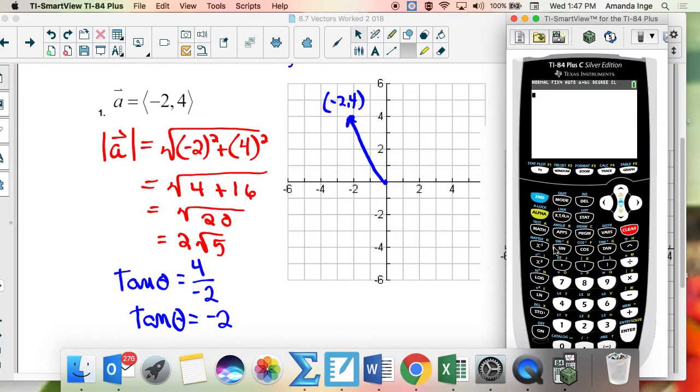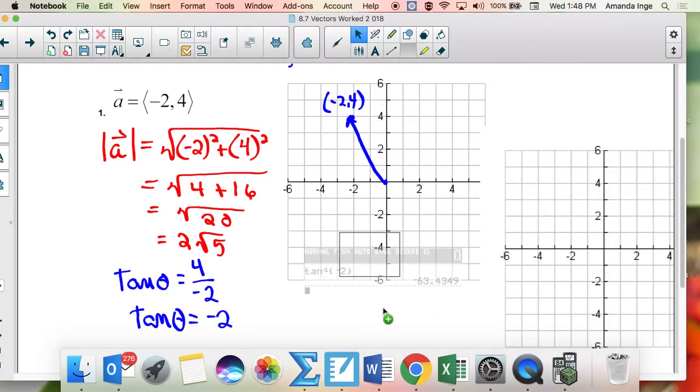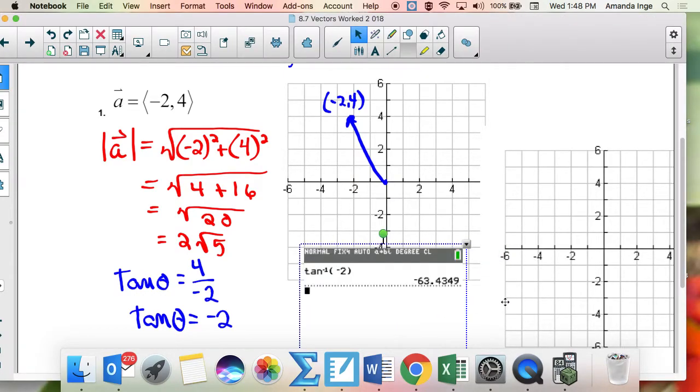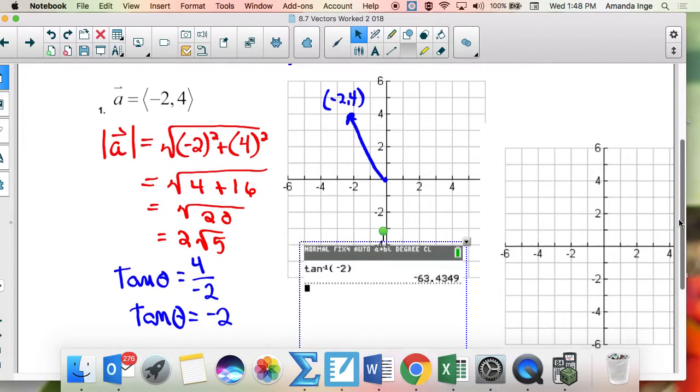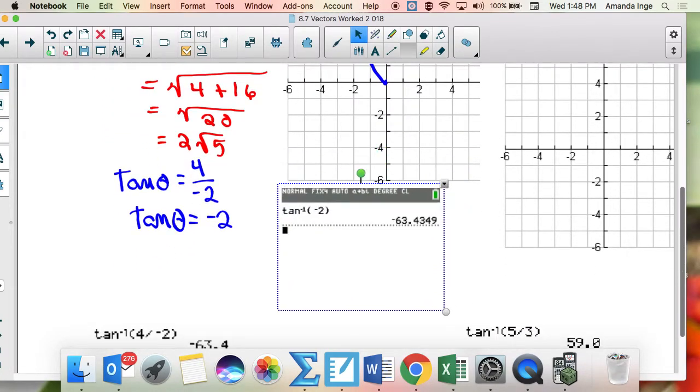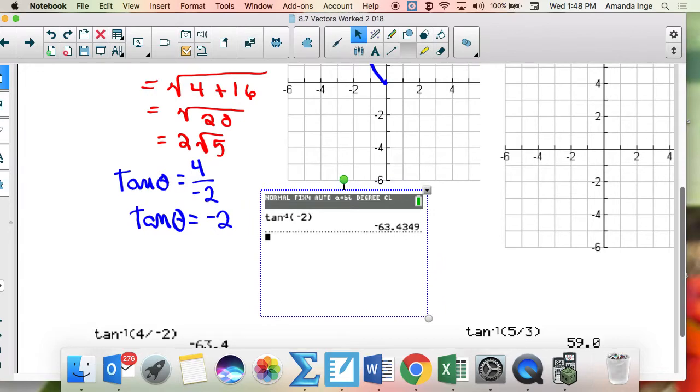So we're going to say second tangent and put in this case, -2. So what we get is 63.434.